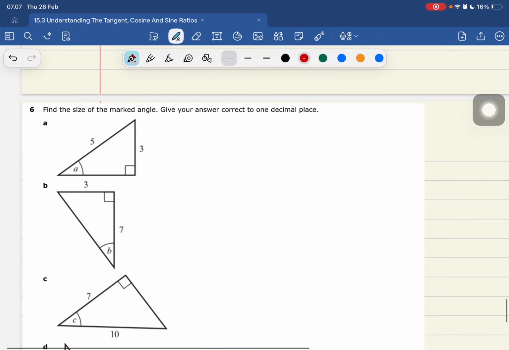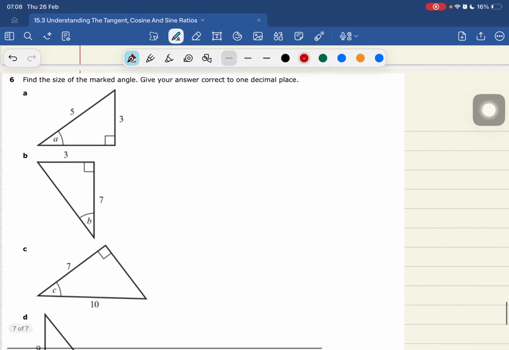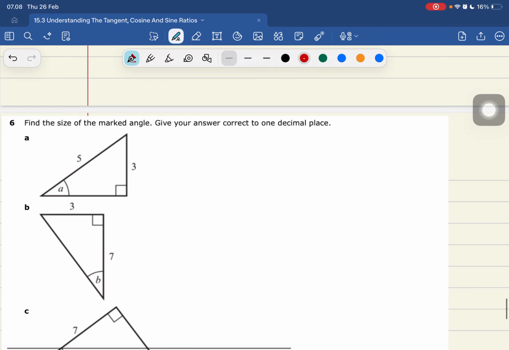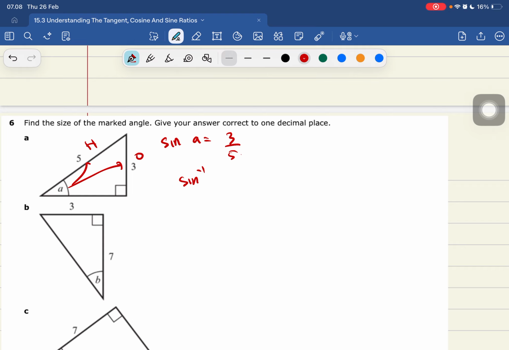Guys, the last question. So find the size of the marked angle. Okay, opposite, and this is the hypotenuse. So sin A equals 3/5. So you can write on your calculator as sin inverse of 3/5.